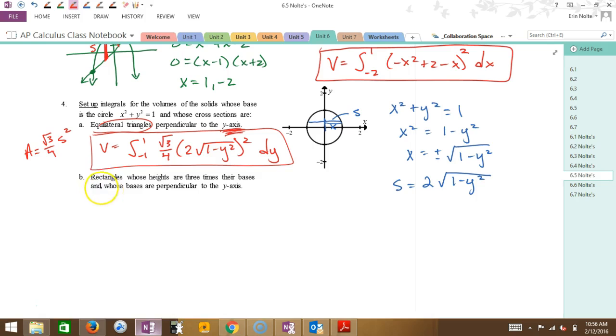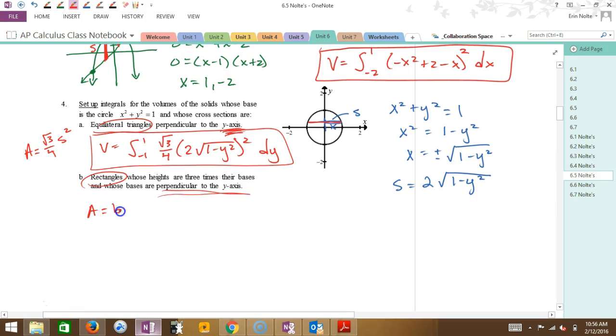Okay, so for B, we're going to do some rectangles. We're still going to do rectangles perpendicular to the y-axis. The nice thing about this is that if you imagine rectangles now, we still have our s length, which is exactly the same as the s from the equilateral triangles, so we don't have to develop a new s. What we want to think about first is, what is the area of a rectangle?